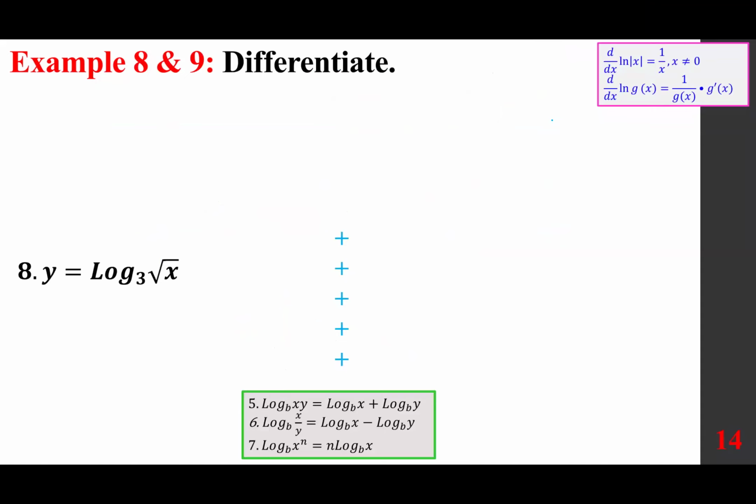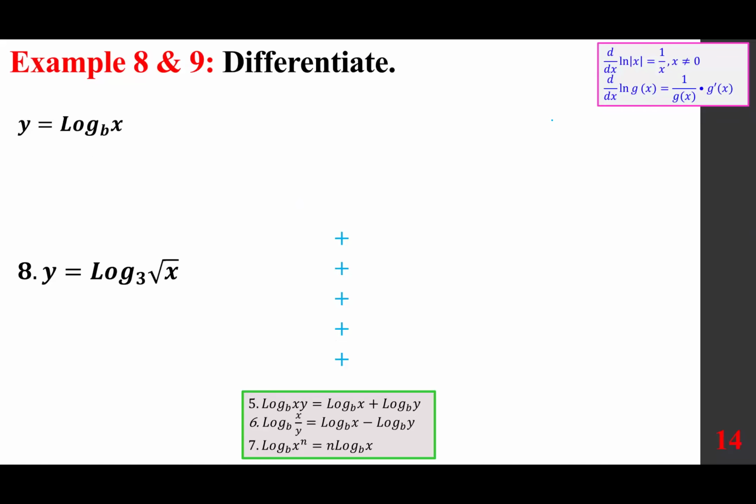All right, we want to take the derivative of log where the base is no longer e. We haven't done that before. So how do we do that?